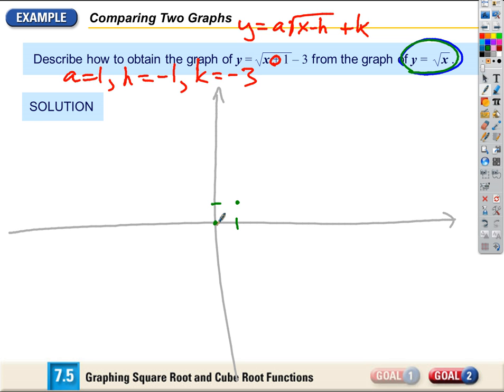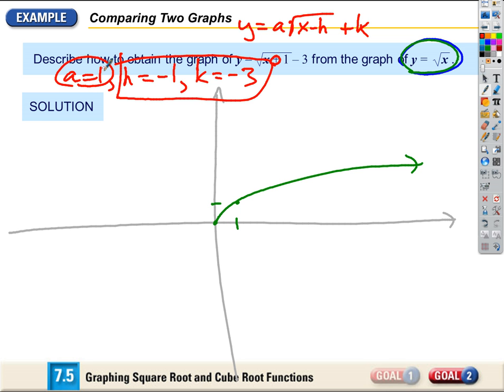Okay, so I can take this and just do a normal graph with it. Now, what's it doing, though, if we're taking this graph based on a is 1, and we shift it by that amount? What's that going to do? So we're going to go where? Left 1 and down 3.